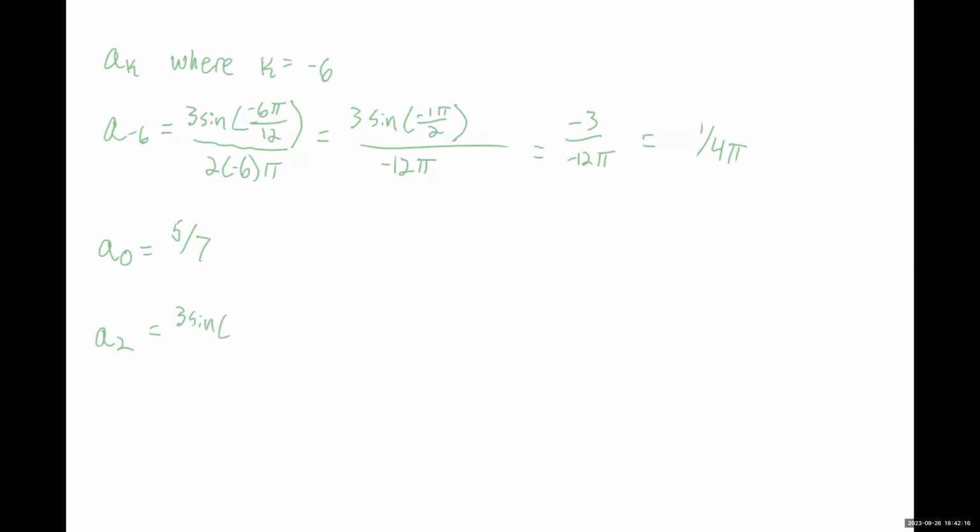We're going to get 2 pi over 12, divided by 2 times 2 pi. So this is going to give us 3 sine of pi over 6, divided by 4 pi.